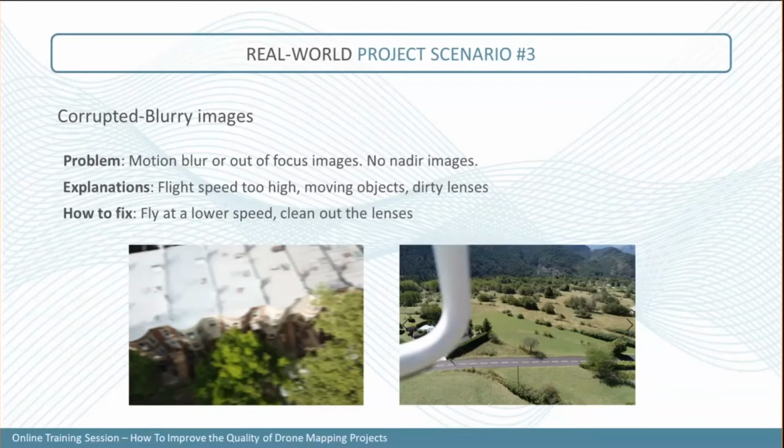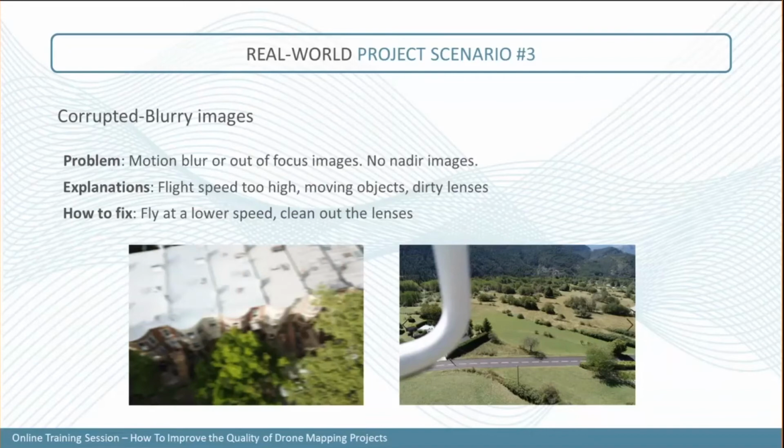So, a quick how to fix those, maybe. As I said, fly at lower speed, have a clean camera, a good camera, and good camera parameters also. Before doing your project, maybe just raise the drone to the elevation it should be at, then take a few pictures and make sure they are in good condition, so the light exposure is good and they're not blurry.